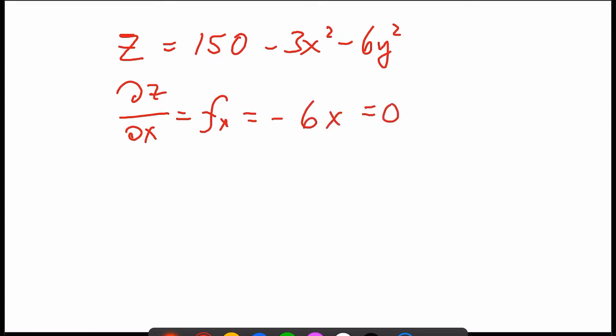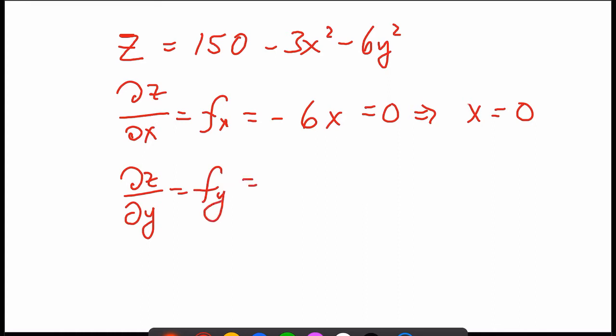I'm going to set that equal to 0. That means x equals 0. Okay? I'm going to find dz dy, which is f of y, which is minus 12y. Set that equal to 0. Again, y equals 0. So the best I can be is where x and y equal 0.